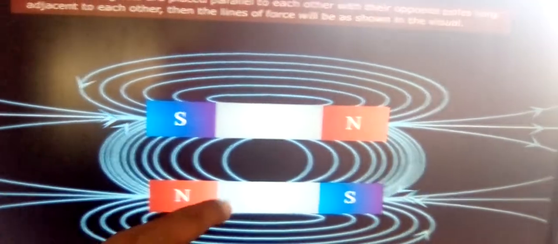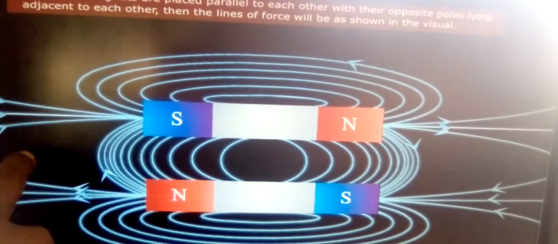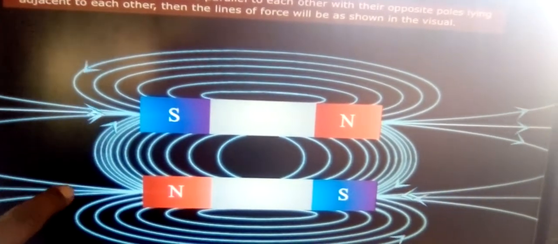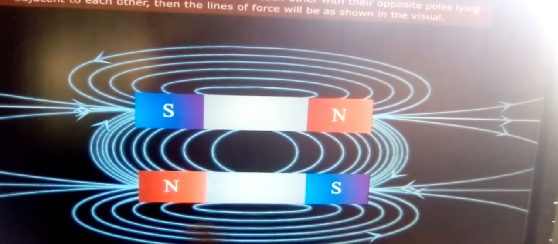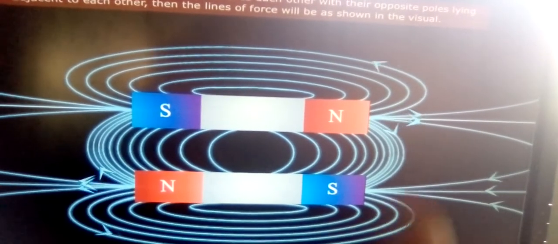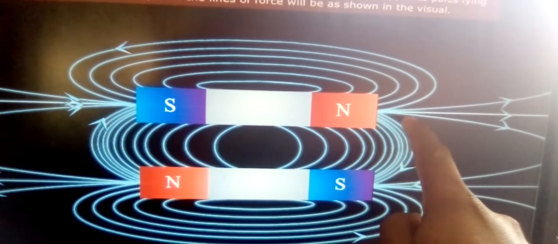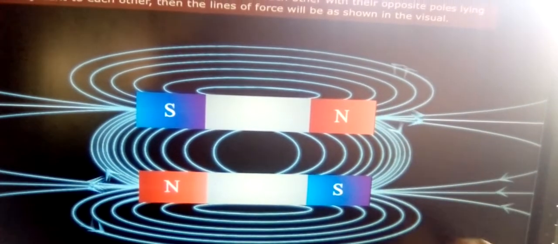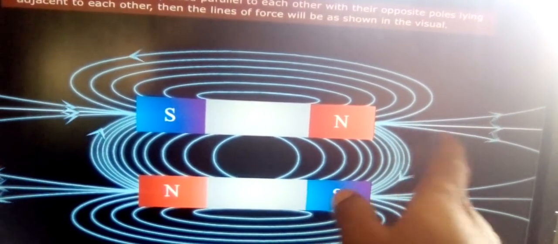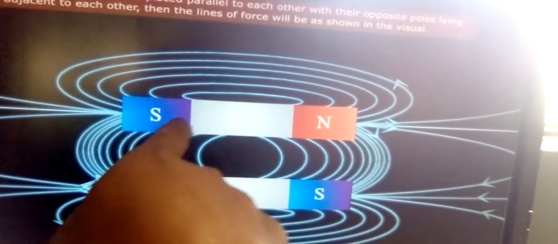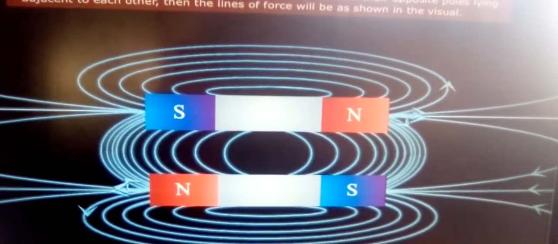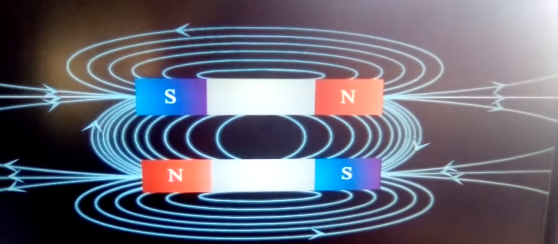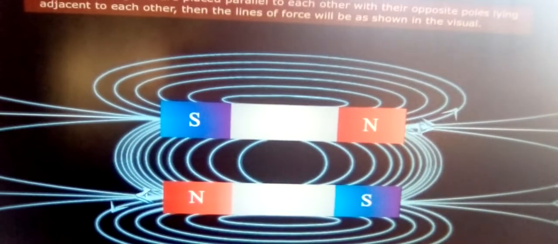Then these others which run away, these ones here, will come and enter the south end here, like that. Others will come and enter the south end. So that is how it behaves when you have one on top of the other.